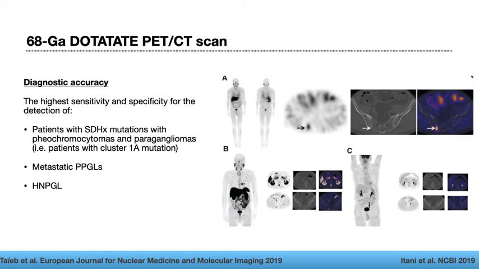From the left to the right shows a whole body MIBG scan, then an attenuation-corrected SPECT. The third image represents an axial CT image, and finally to the right is the fused SPECT CT image, which was done to assess for the recurrent increase in plasma metanephrine levels discovered during post-operative follow-up.